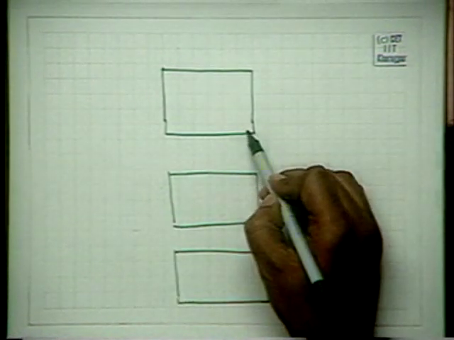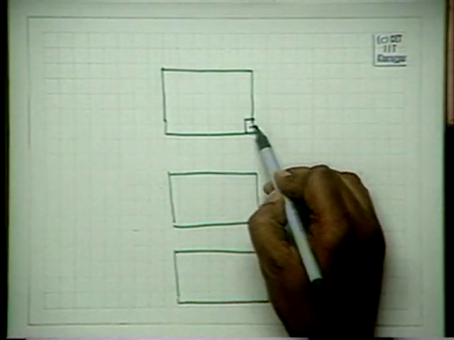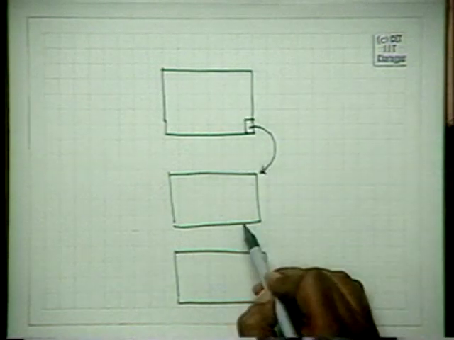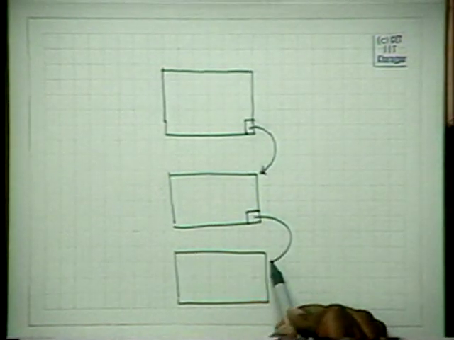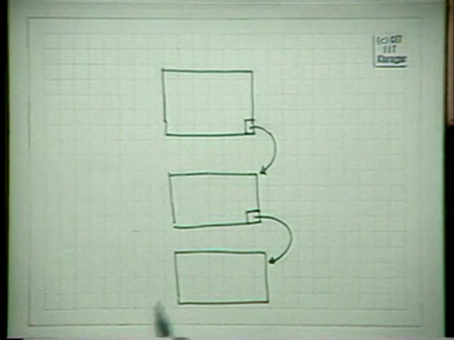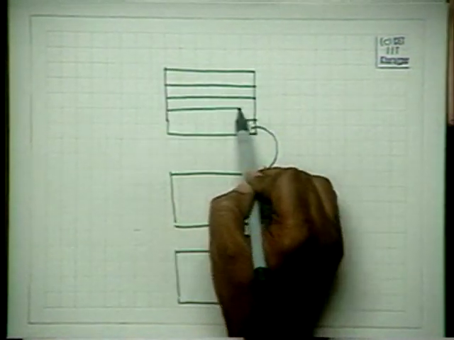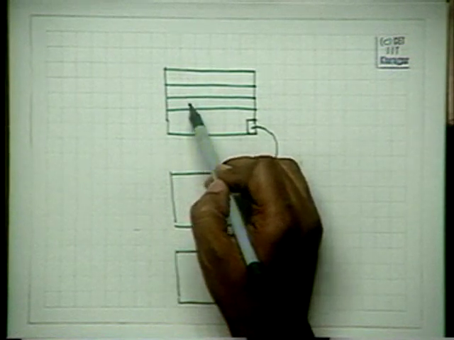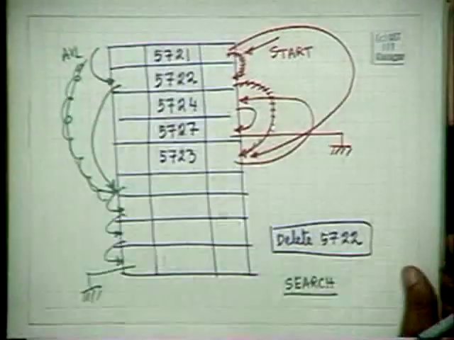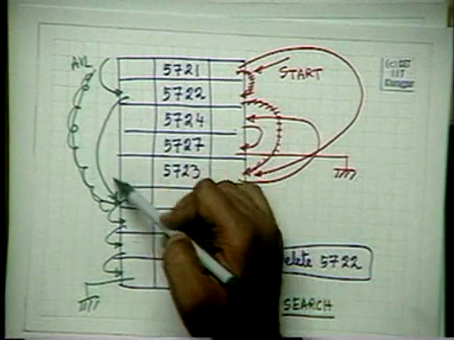So, you will have a block pointer which points to the next block in the sequential file. And for each block, you will have some slots like you had here, the next pointers and the available ones.